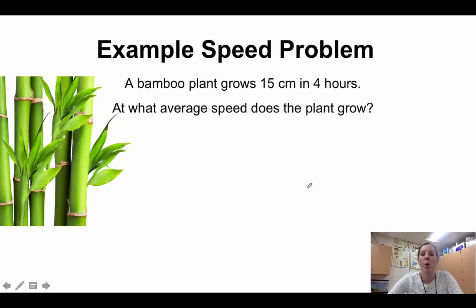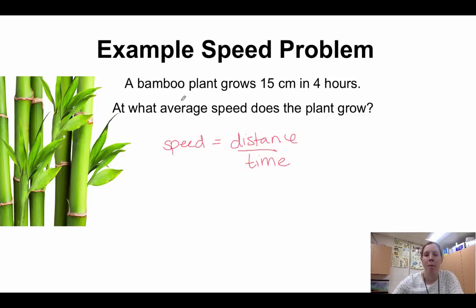So here's just a quick example speed problem. It says a bamboo plant grows 15 centimeters in 4 hours. At what average speed does the plant grow? So I remember my equation is speed equals distance over time. In this problem, I'm solving for the speed, which means it should tell me the distance and the time.